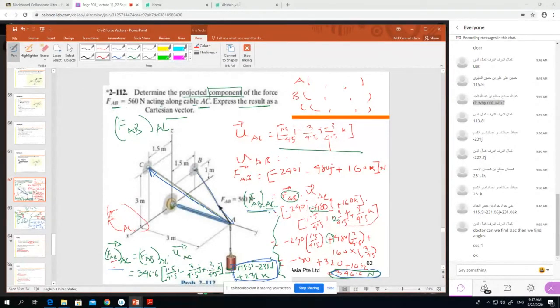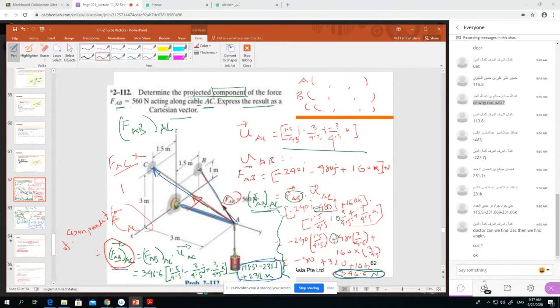But this is a component of AB, in this direction. It is not directly the FAC force. It means the component of force AB along AC.